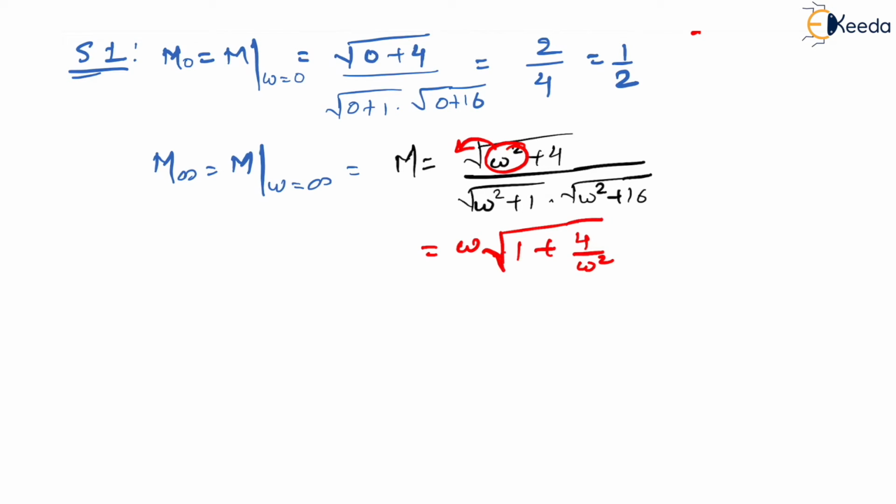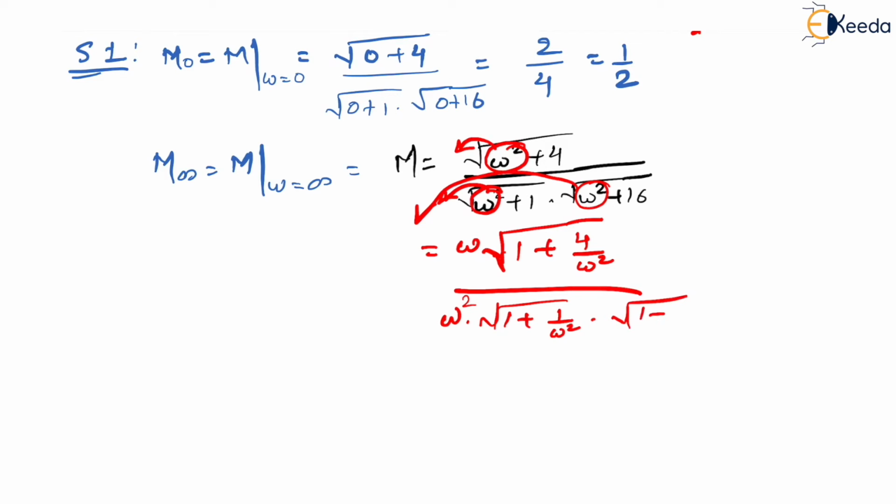Similarly, from the denominator, if I take omega out, it becomes omega into omega, which is omega squared, and you get under root of 1 plus 1 by omega squared multiplied by under root of 1 plus 16 by omega squared.